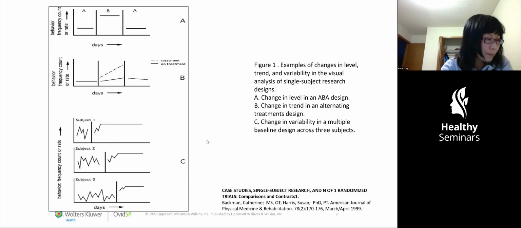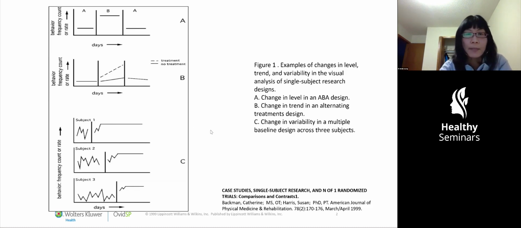So the graph data has the advantage of showing us visually how the individual responds. And so depending on what it is, it could be, for example C here, if we're talking about mobility, there may be low mobility before treatment, and mobility goes up and is sustained during treatment.